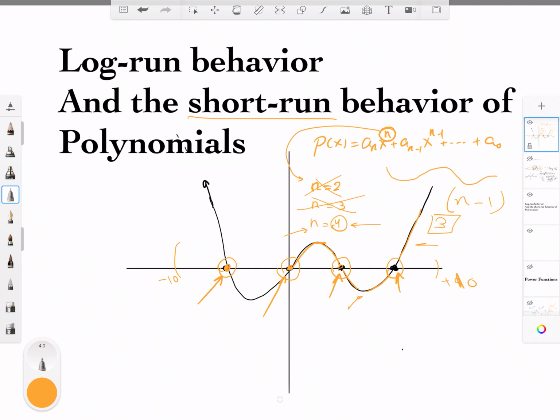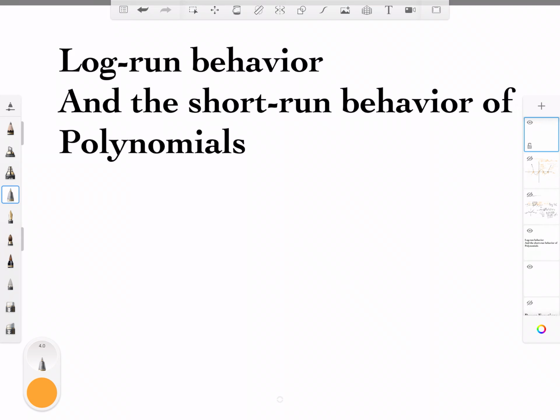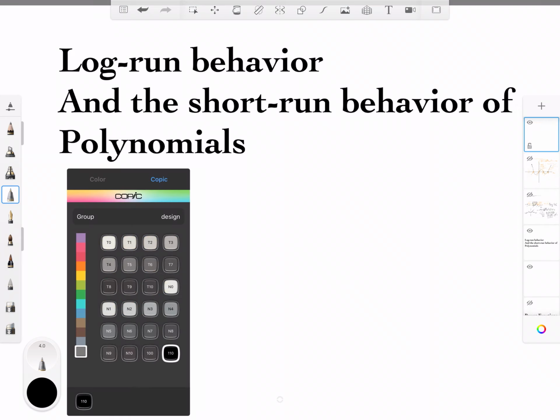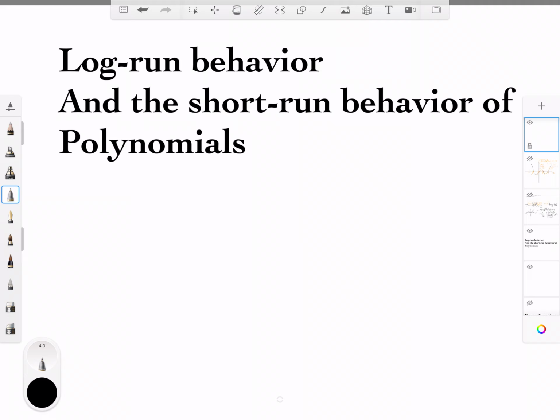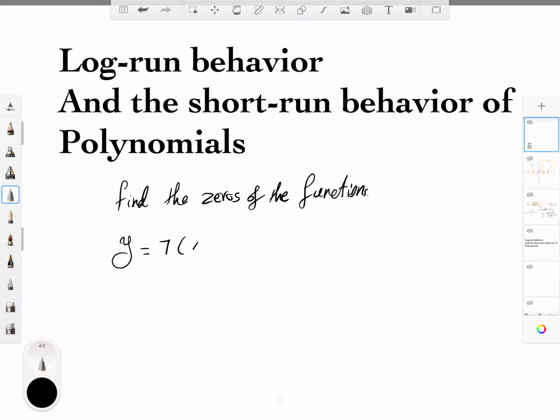Let's have one example. They said find the zeros of the function y equals 7 times x plus 3 times x minus 2 times x plus 7.